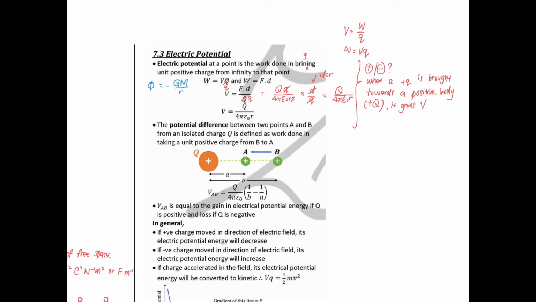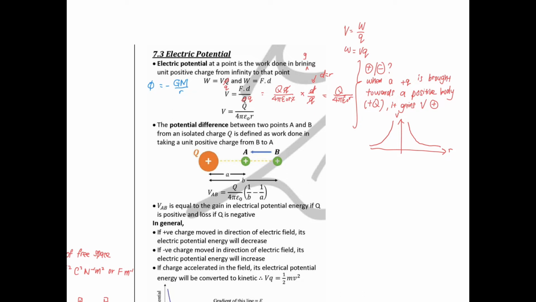Okay, so then the graph will be like this. That means positive. That means V is positive. Okay, the graph is like that. V versus R.